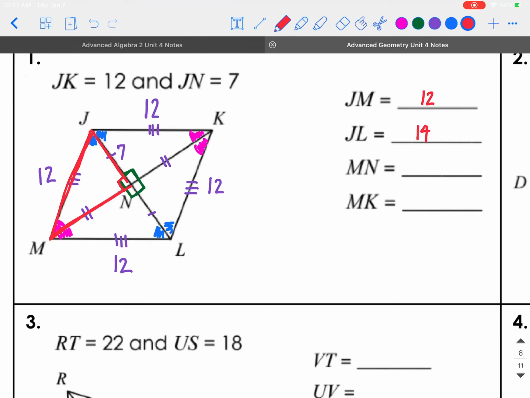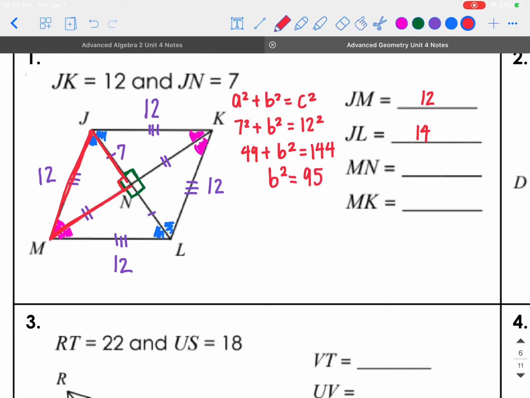So we're going to use the Pythagorean theorem again to find MN. Remember, a squared plus b squared equals c squared. So 7 squared plus b squared equals 12 squared. This is 49 plus b squared equals 144. If I subtract 49 from both sides, I get b squared equals 95.